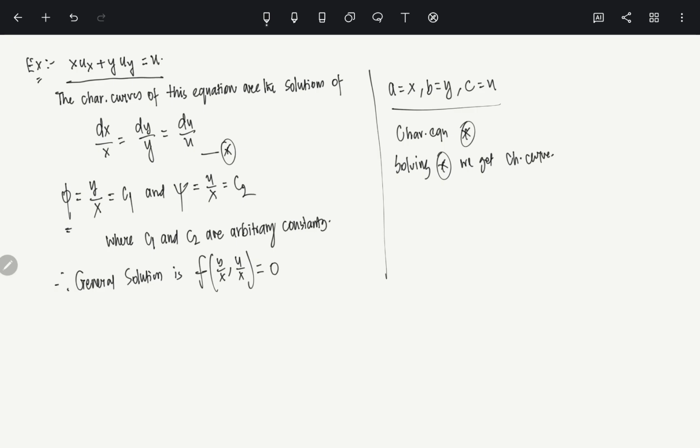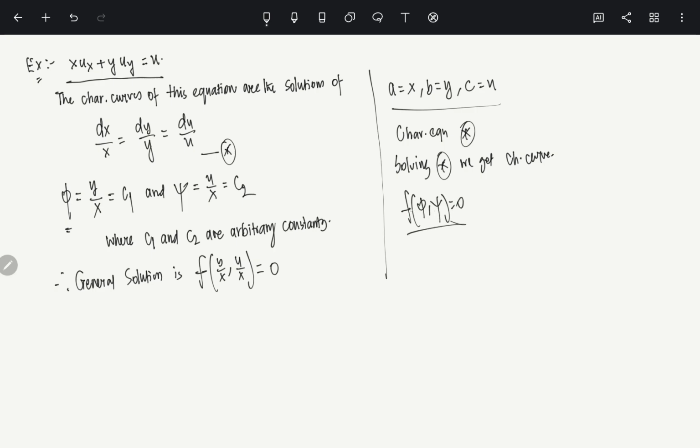Once you solve the star, you end up getting curves, because you remember x, y, u are functions of some parameter t, and this is on the curve C. So our general solution is f, an arbitrary smooth function, of phi psi equals to 0.